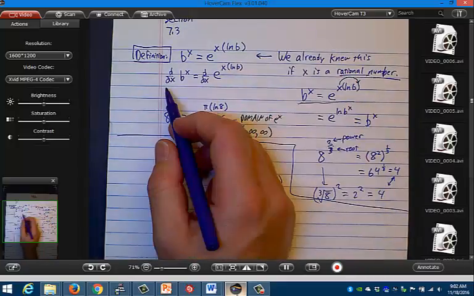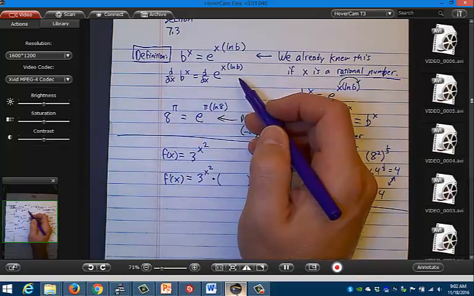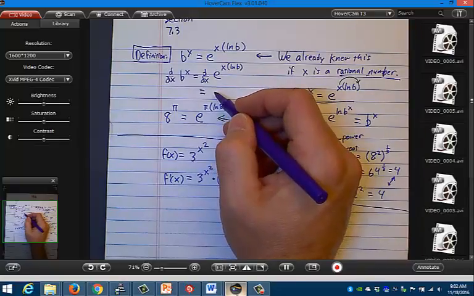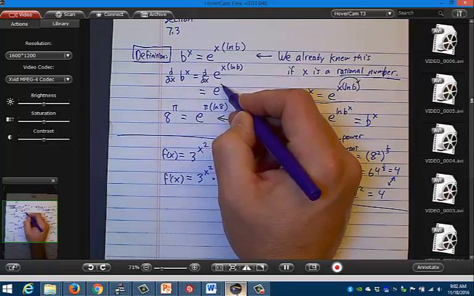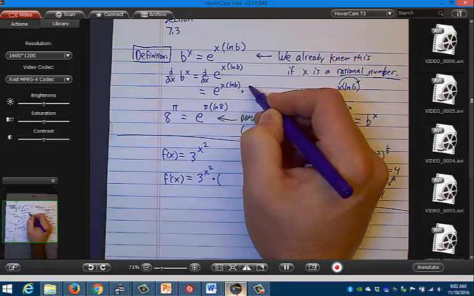Because that's how I defined b to the x. It's actually you're taking the derivative of e to the something. But the derivative of e to the x is e to the x, right? So the derivative of e to the x ln b must be e to the x ln b times what?